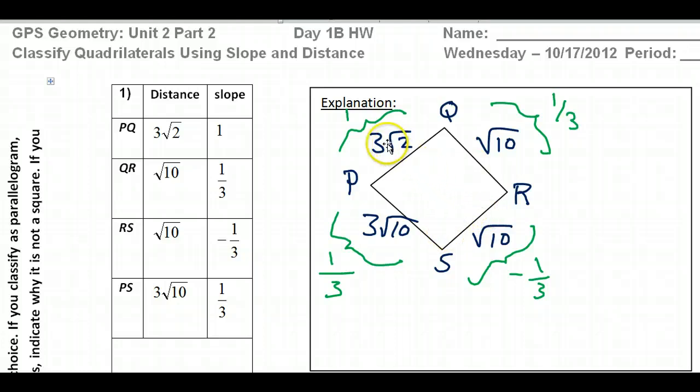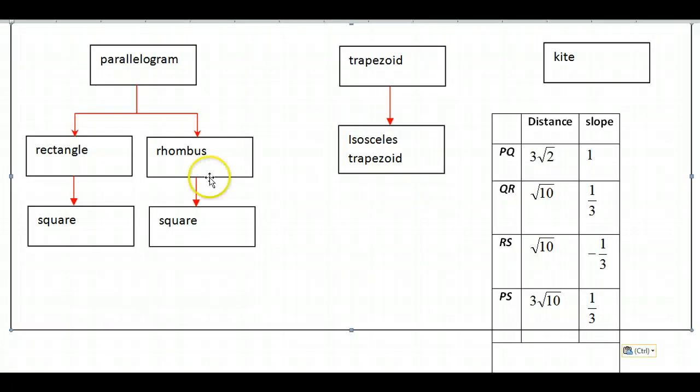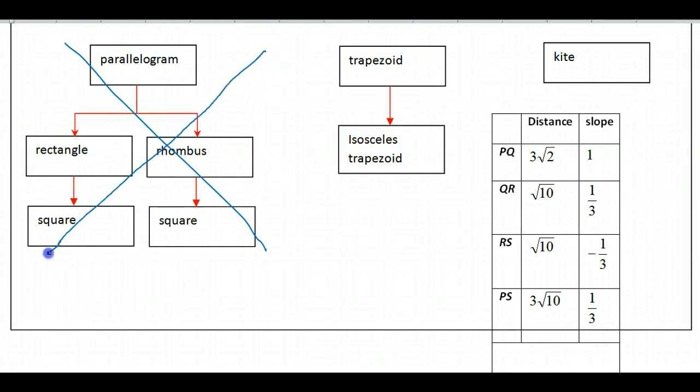I have 3 radical 2 and radical 10. These opposite sides are not congruent. I have radical 10 and 3 radical 10. The opposite sides are not congruent. For that reason, I can go ahead and conclude that this shape is not a parallelogram, which automatically means it's not a rectangle, a rhombus, or a square.